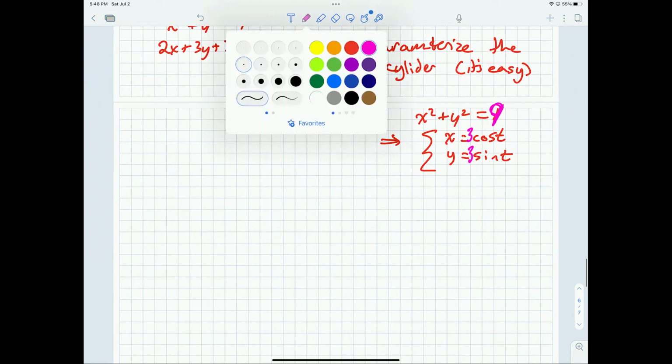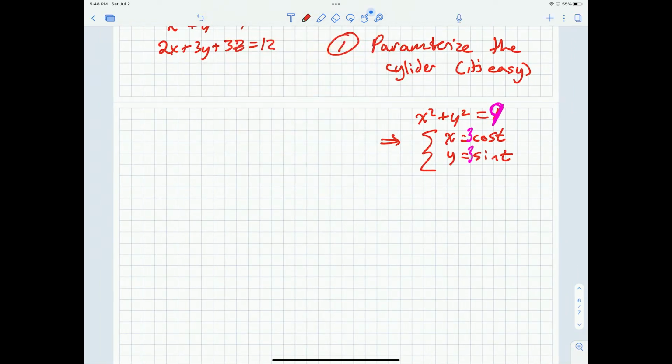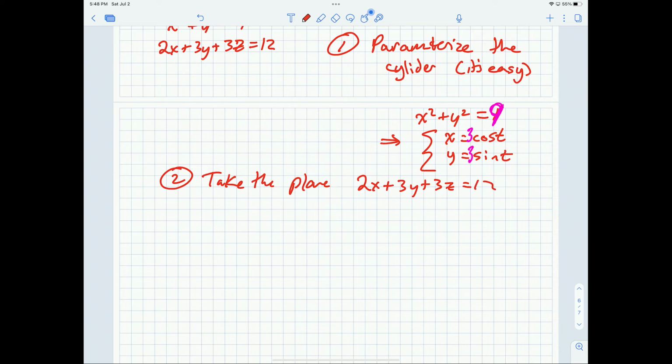Now, once you parameterize that cylinder, you just take the plane, 2x plus 3y plus 4z equals 12, and solve it for z. Because remember, what we need is x, y, z. So we need to solve for z. So you'd get 4z equals 12 minus 2x minus 3y.